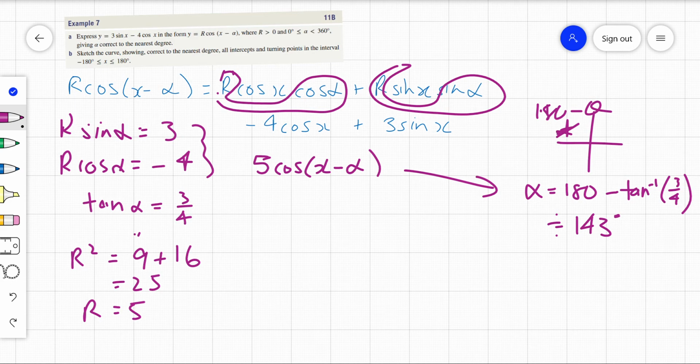Alright, so now we can use it. It's really part 2 we're interested in here, which is a sketch. If we want to sketch it, remember you've got your normal cos curve. I'll try and do this one better than I've done the other ones. So say I did my cos curve, actually let's go further.